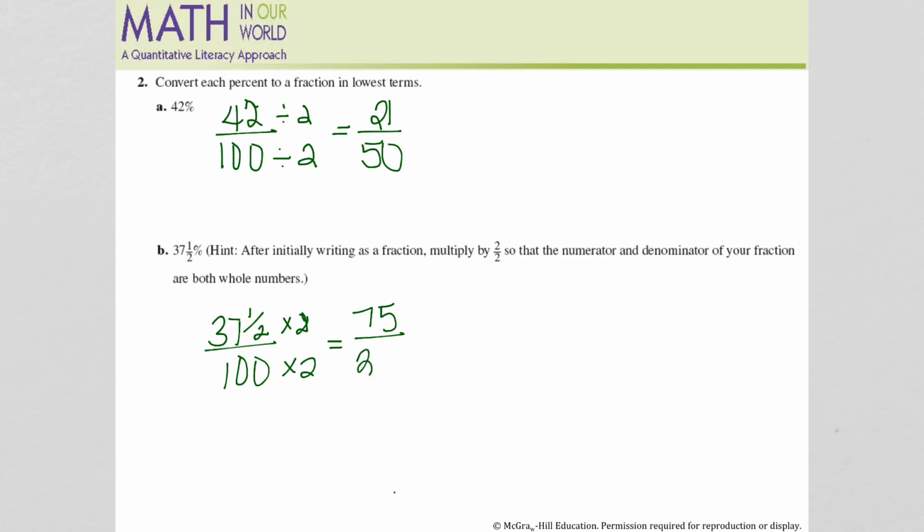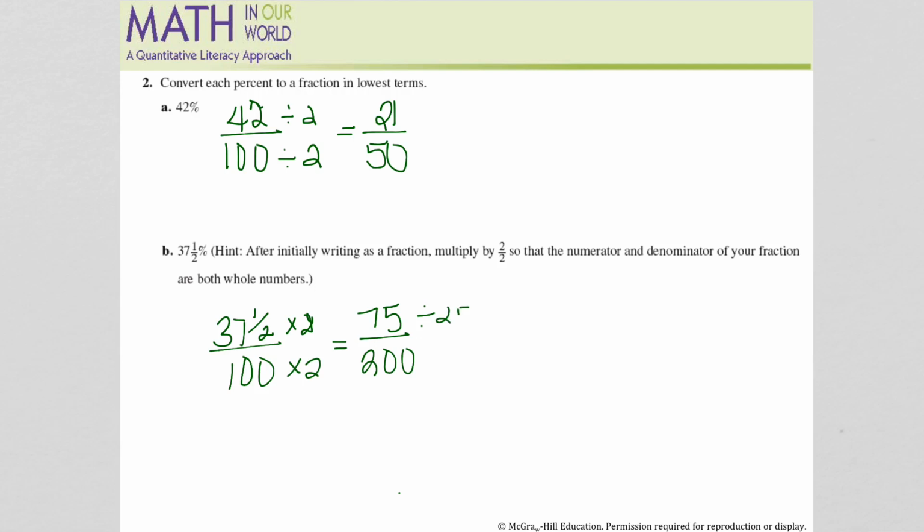And 100 times 2 is 200. That will reduce some more. Both of those are divisible by 25. So we get 3 over 8 are our fractions reduced.